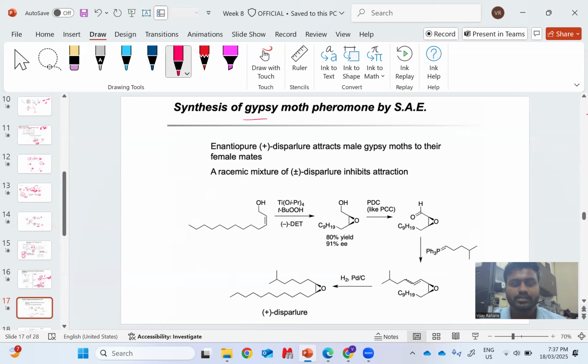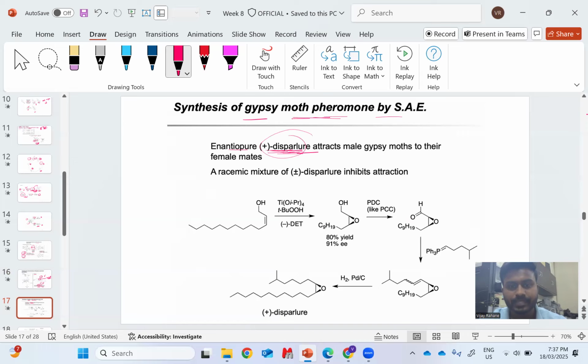That's the gypsy moth pheromone. So this is the gypsy moth pheromone. It is the enantiomer-pure (+)-disparlure. So that's the name you can see here.